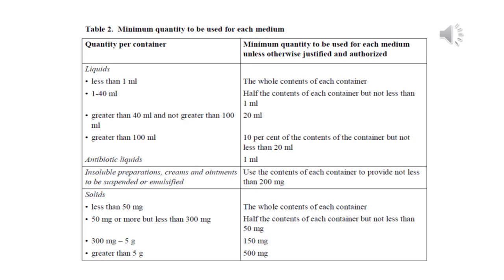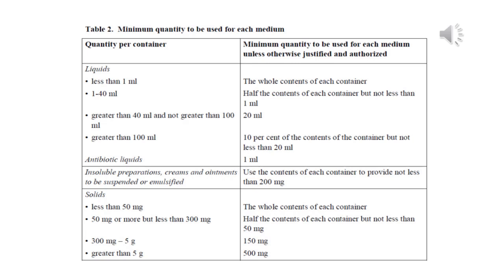Take another example. If you have a quantity somewhere between 1 ml to 40 ml, in that case you have to use half the contents of each container, but it should not be less than 1 ml. Okay.